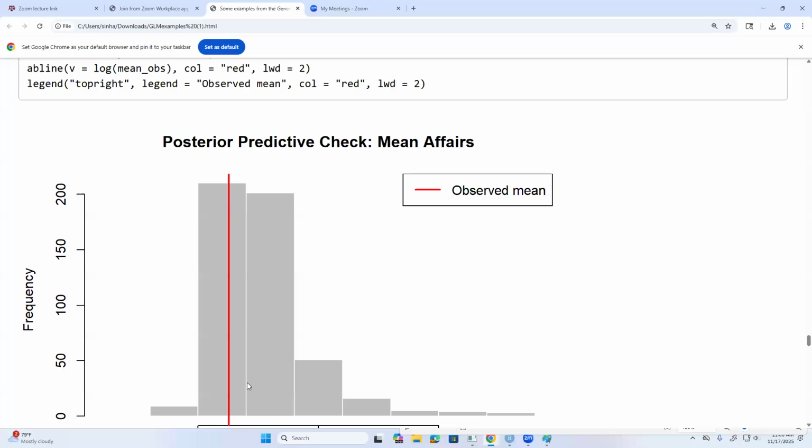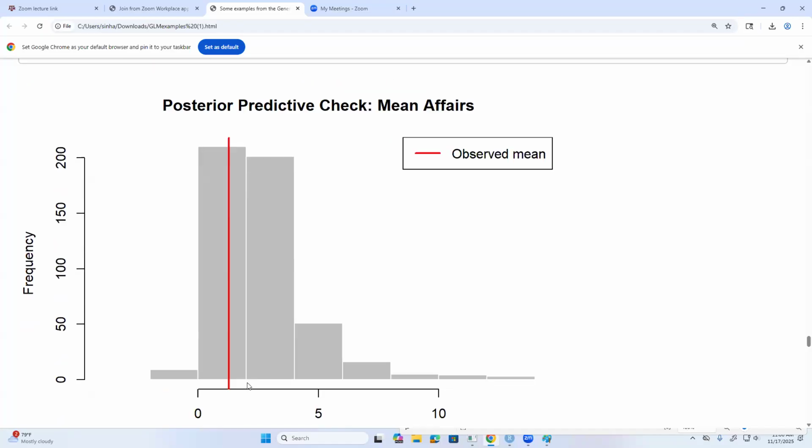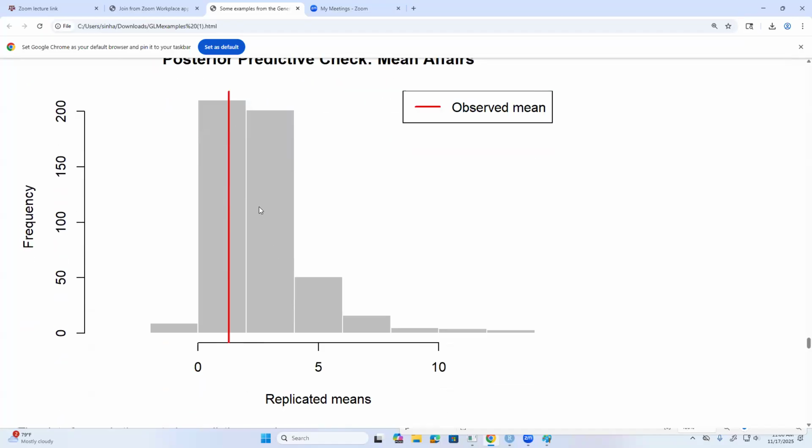I wanted to check whether that mean value is towards one of the tail areas. If it is towards the tail area, that means there is a mismatch. But if it is not towards the tail area, that means there is no strong evidence of mismatch. So here I don't see this red line lying in the tail area.